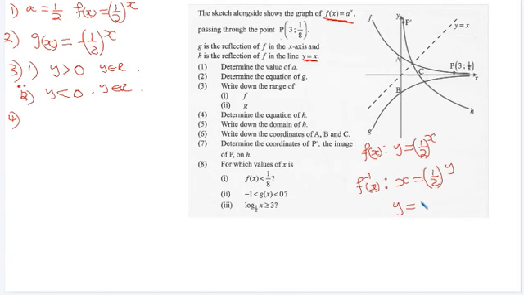Your y then is equal to log of x in base 1 over 2. So we are saying here, the inverse of f in this question, we are calling it h. So the equation of h is equal to log of x in base 1 over 2.